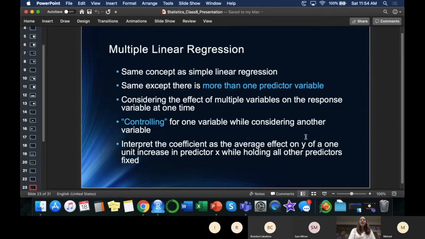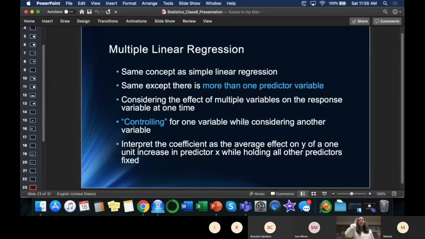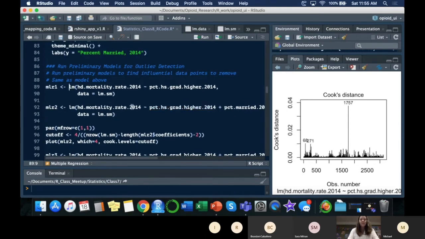So if we're going up, in this case, if the percent high school graduation or higher increases 1%, because we're looking at percentage points here, the coefficient is going to mean, so it increases by one unit or 1%. The coefficient tells us the average effect, or how much it will increase when we increase that value by 1 unit or 1%.